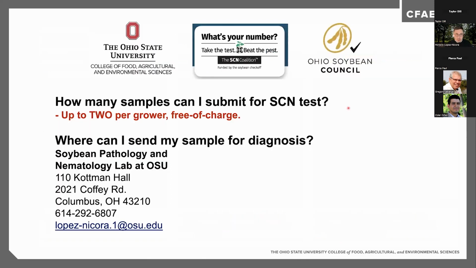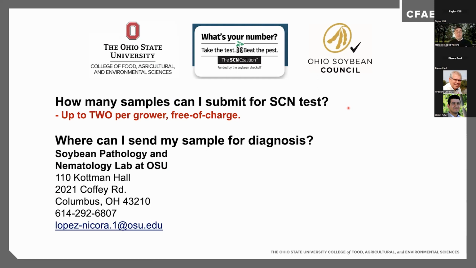Send that to a soybean pathology and nematology lab. We continue to process up to 2 samples per grower free of charge. You send that sample, we process it for soybean cyst nematode, and we return the results to your email, your phone number, however you want to receive them.